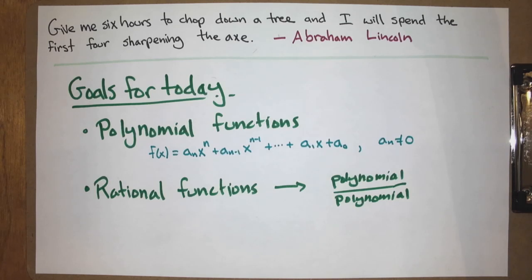Just saying, hey, we can keep going. Why stop? And the other thing we'll talk about is rational functions, which look like polynomial over polynomial. Now, in both cases, things can get complicated very quickly to the point of there's some things we just can't do methodically. But we can do some very simple cases.